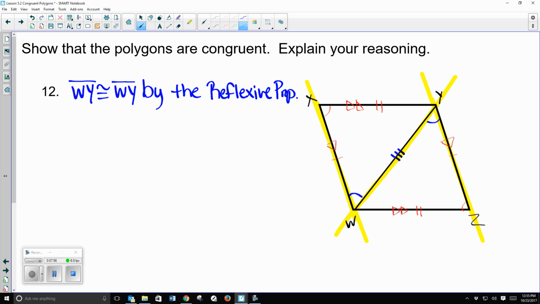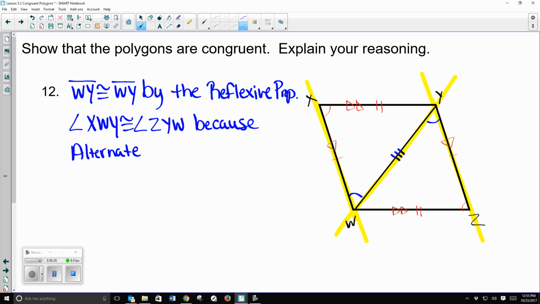So we'll say that angle XWY is congruent to angle ZYW, because alternate interior angles of parallel lines are congruent.